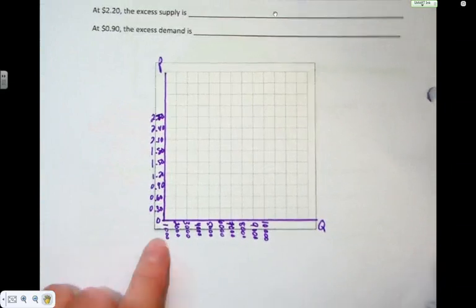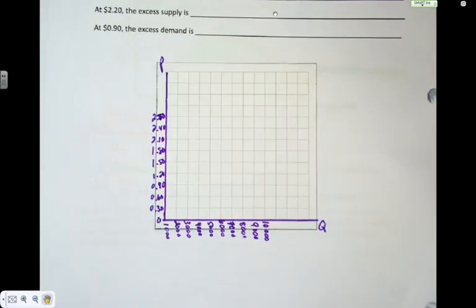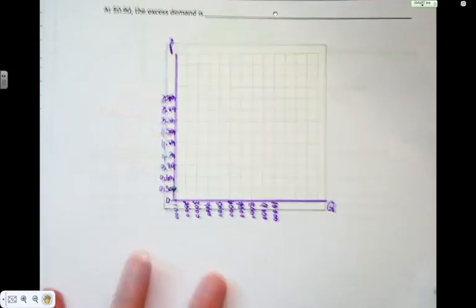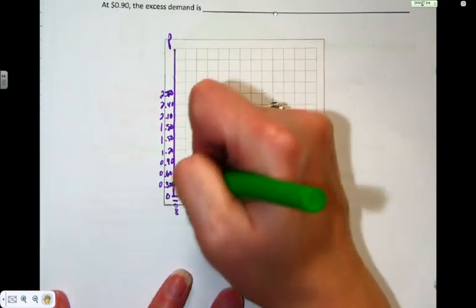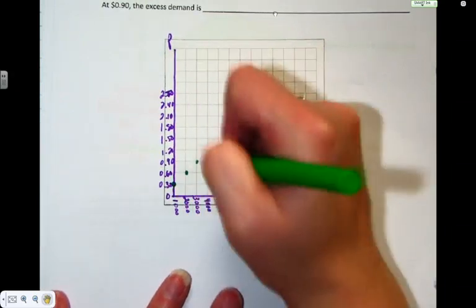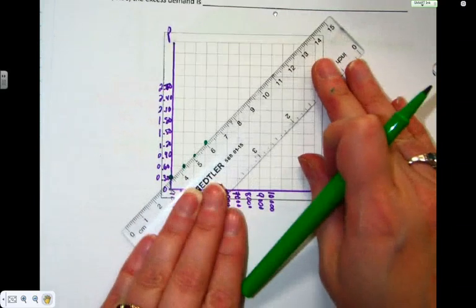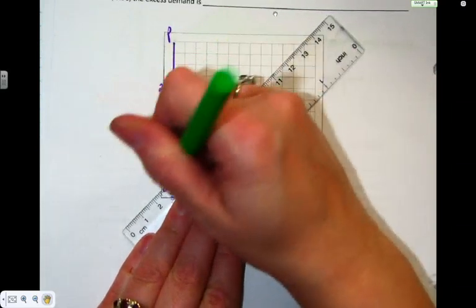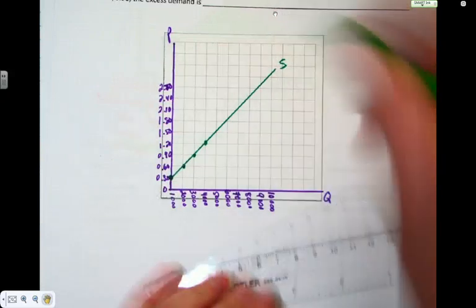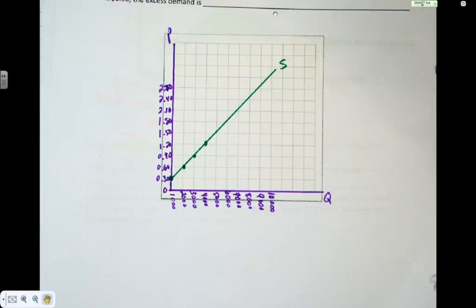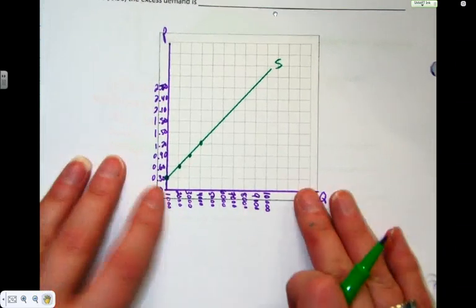Okay, so plot the points. So demand first. Ooh, I should have started at 0, but I didn't. Oh well. 60's 2,000. Because I didn't start at 0?